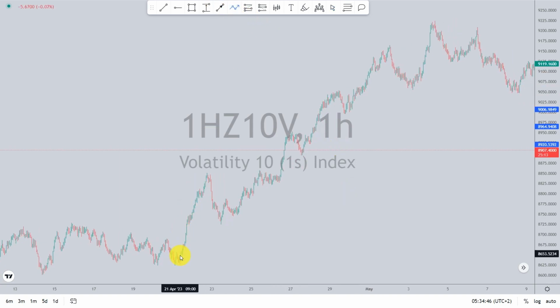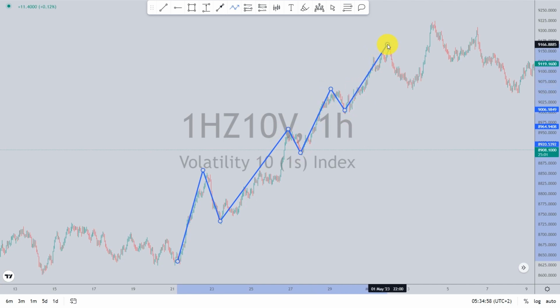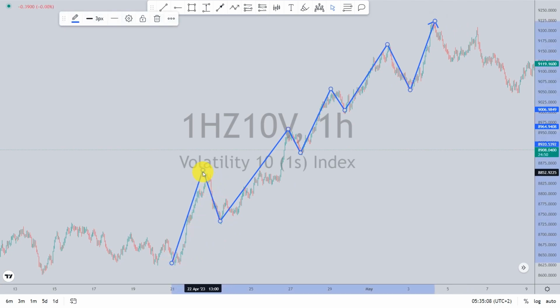We can see right here, we did have this impressive move in the uptrend direction, a retest, an impressive move, a retest, an impressive move, a retest, an impressive move, a retest, then an impressive move right here. So you can see just how this uptrend market has been moving.